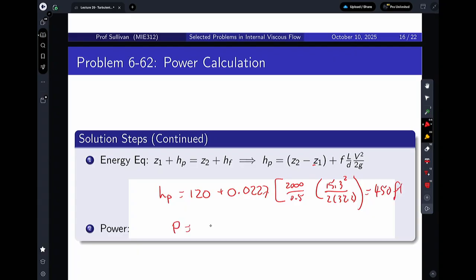Power is equal to rho G Q HP over eta, and that will equal 112,200 foot-pound force per second, or approximately 204 horsepower.